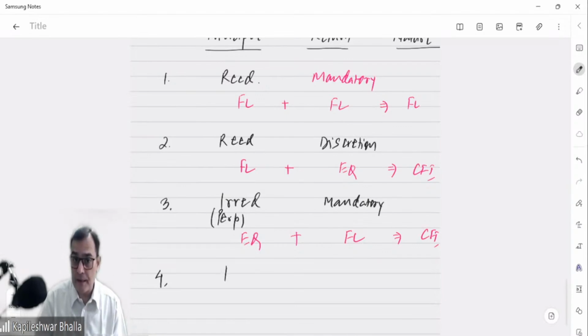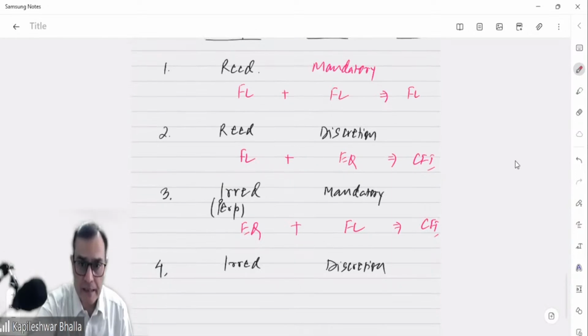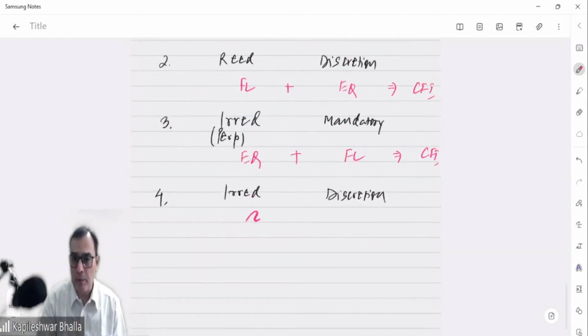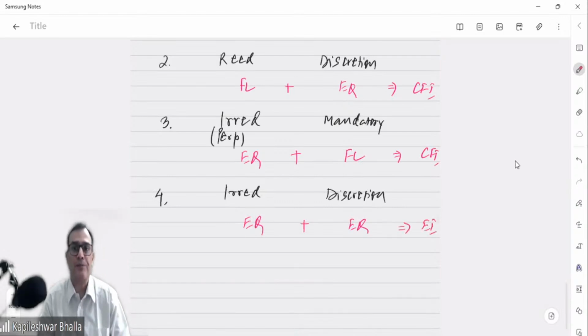So let's now consider that it is an irredeemable instrument. And there is, let's say, a discretion in terms of payment of return. I think now you would have well understood and you can easily take a call that if it is irredeemable in nature, it would mean equity component. And if it is discretionary in nature, then also it is equity component. So if we add equity plus equity, this is going to be called an equity instrument in this case.